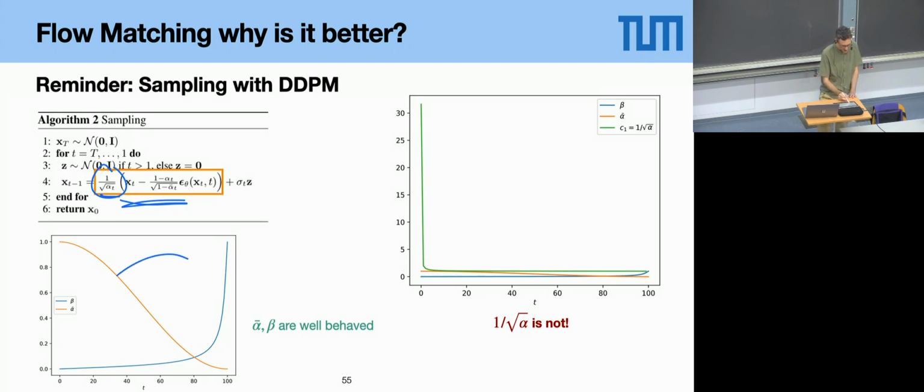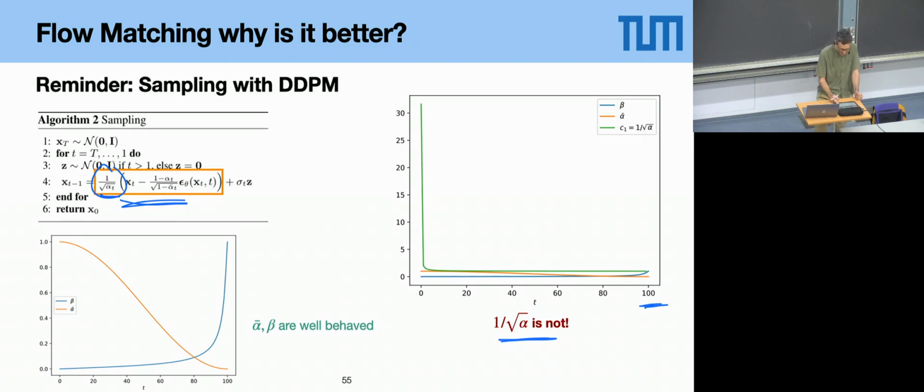So these values look pretty well behaved, but this 1 over square root alpha factor is actually not. In the beginning of the denoising, towards the first steps, shown here for the same progression, these can be pretty huge. So potentially they're even larger for a larger number of denoising steps.